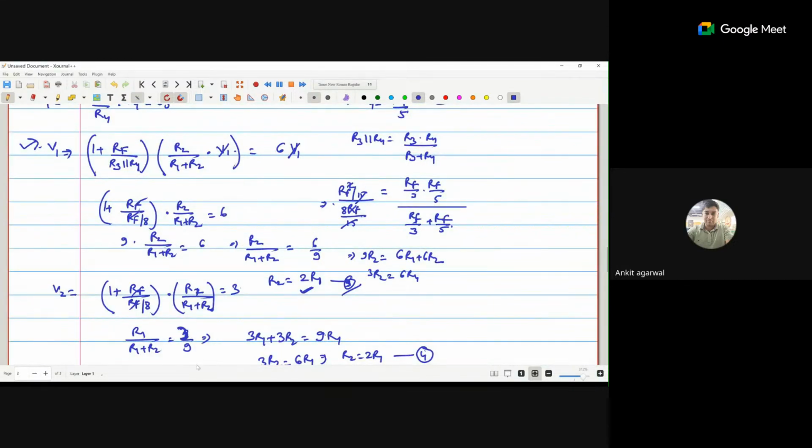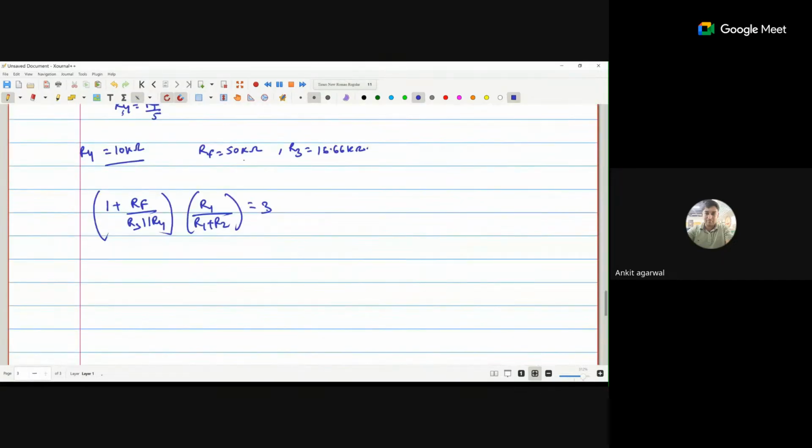I can take either the V1 equation or the V2 equation. Now put the value of R3 and R4. So R3 is 50 by 3 and R4 is 50 by 5.